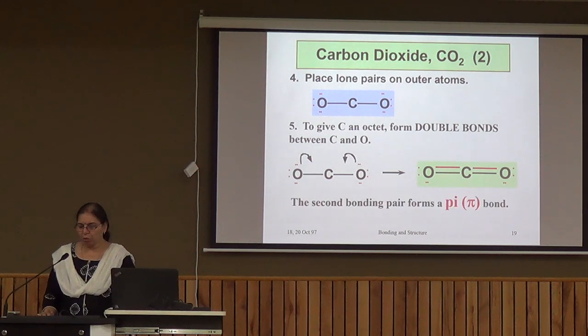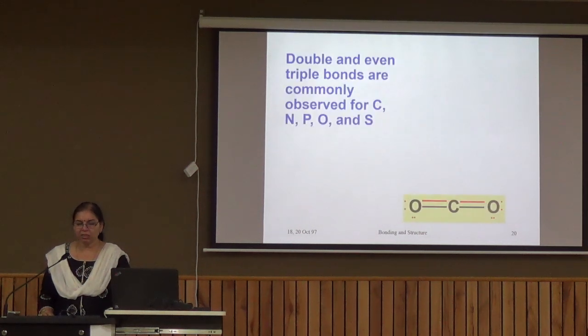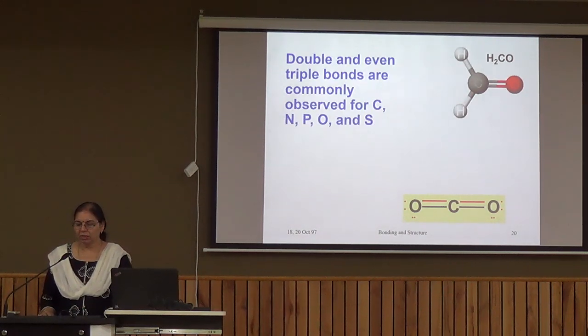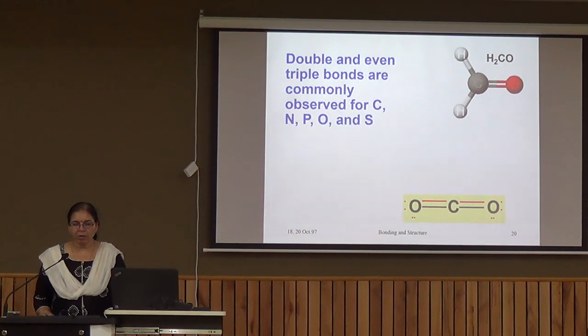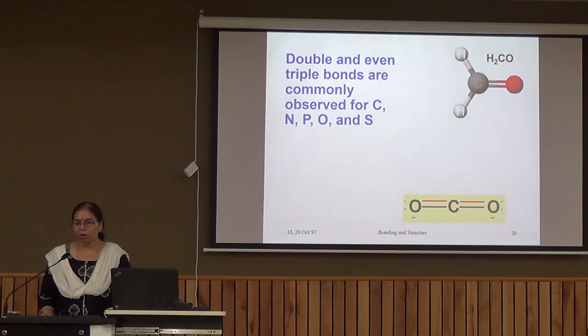Now the second bonding pair forms a pi bond. Now see, this is different. Now how is this bond formed between carbon and oxygen? See, double bonds and even triple bonds are commonly observed in carbon, nitrogen, phosphorus, oxygen and sulfur. Why are we saying like this?